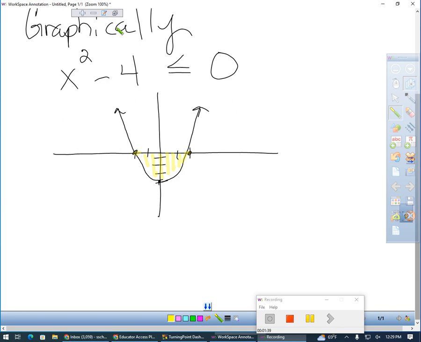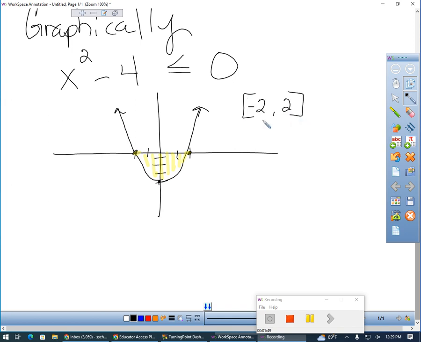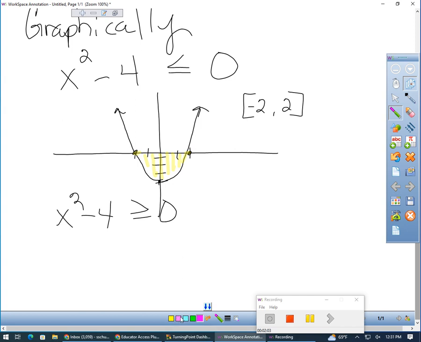So in this case, below the x-axis, it simply goes from negative 2 to 2. If I wanted to do x squared minus 4 is greater than or equal to 0, then above the x-axis, let me put that in a different color, above the x-axis is all of this area.